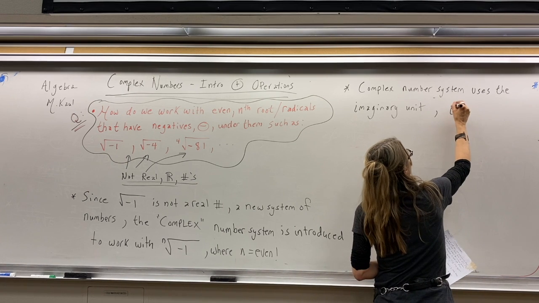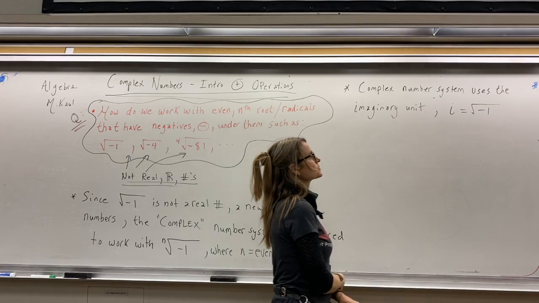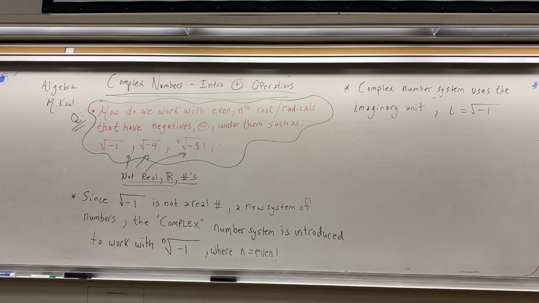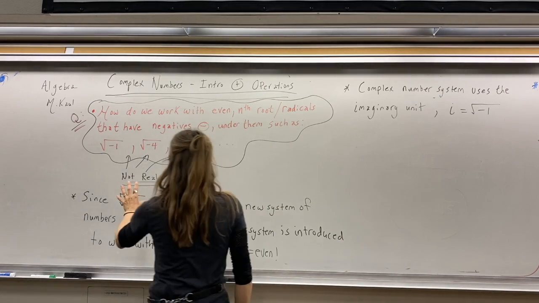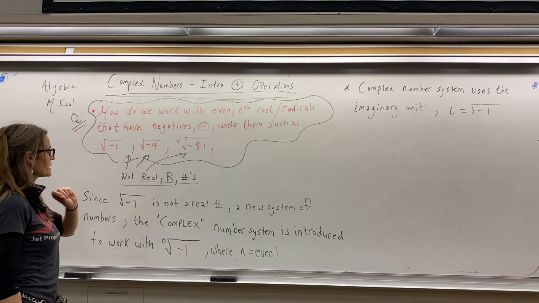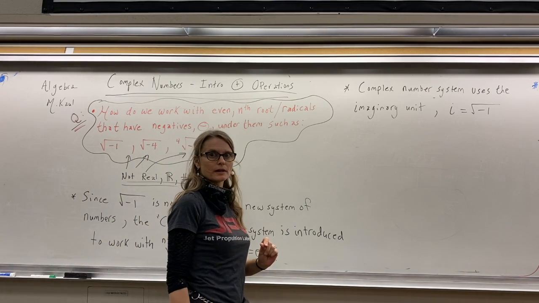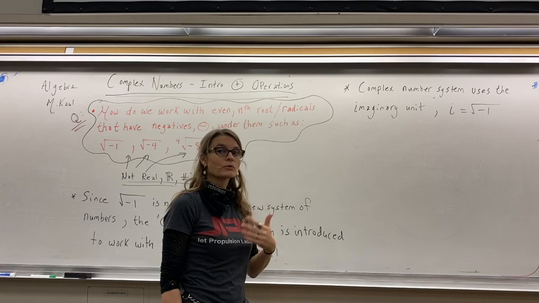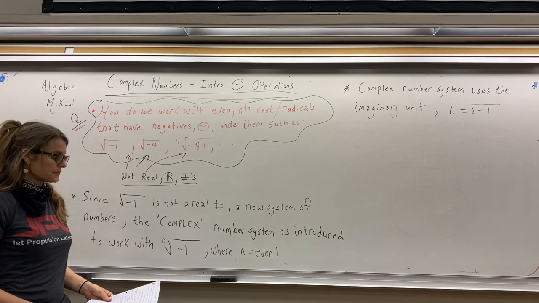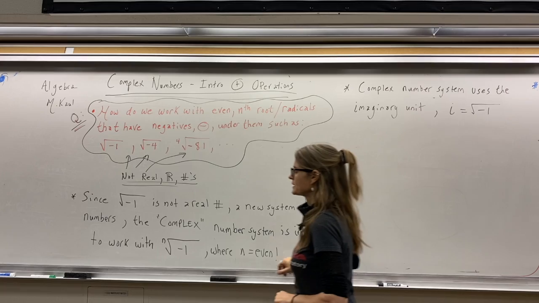By definition, we have a lowercase i, which is equal to the square root of -1. Instead of stopping with a square root that has a negative under it, we say that this i, this imaginary unit, is equal to the square root of -1, and let me proceed with my rules of algebra to be able to work with problems with these negatives under the roots. So this is a very important definition.